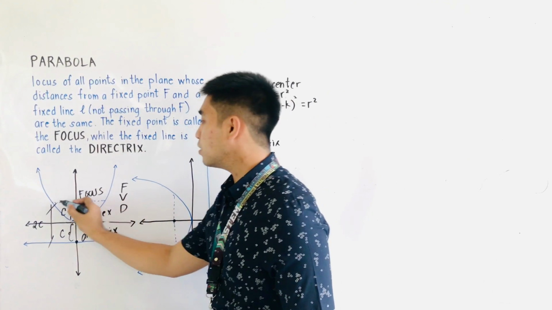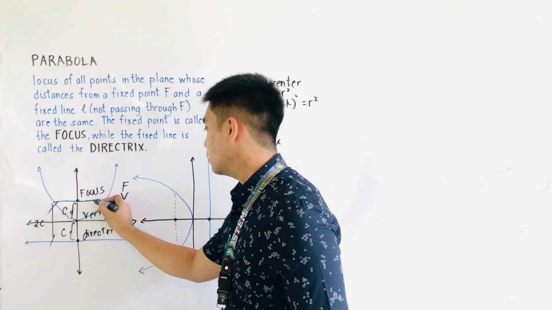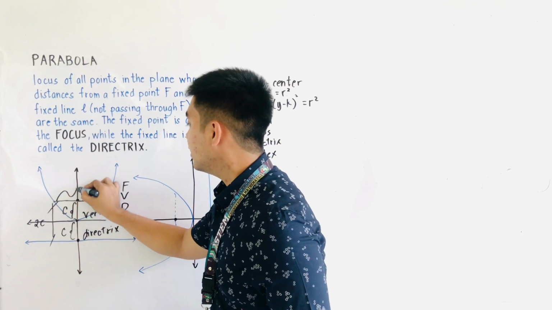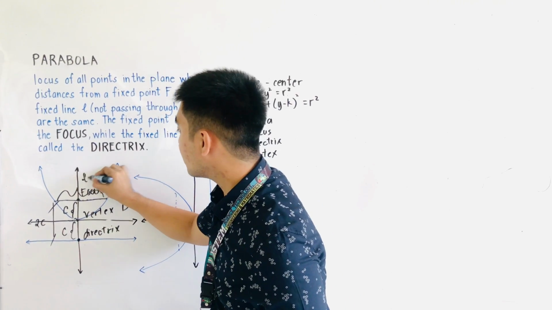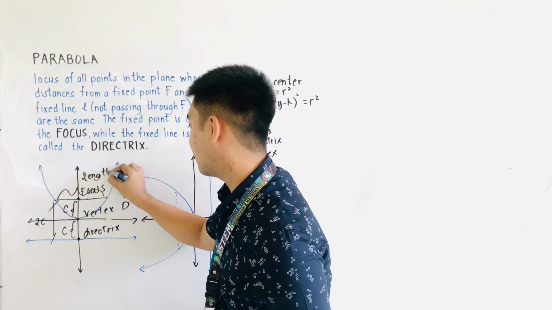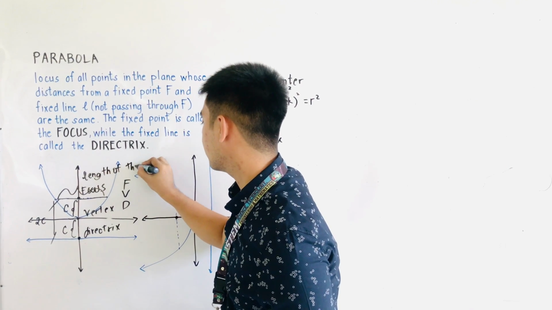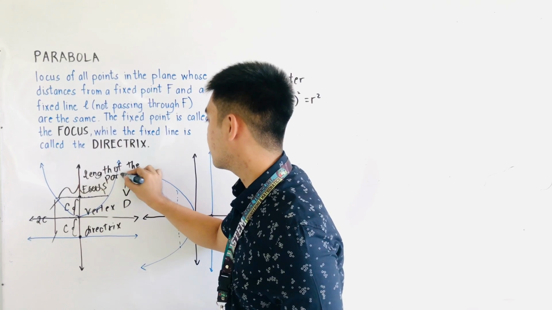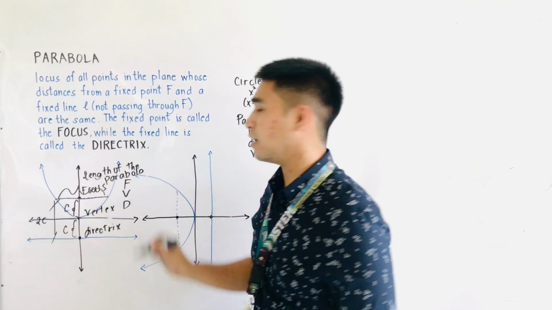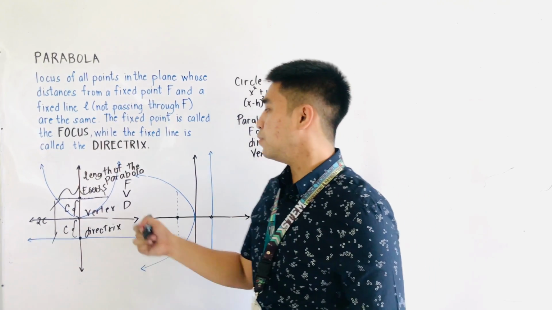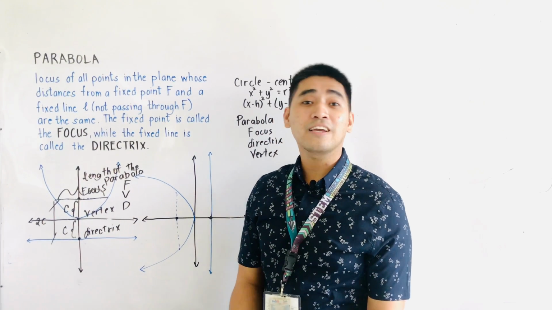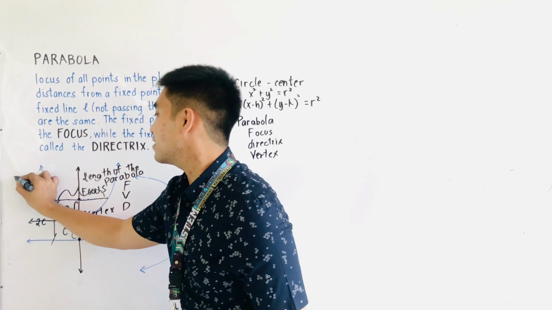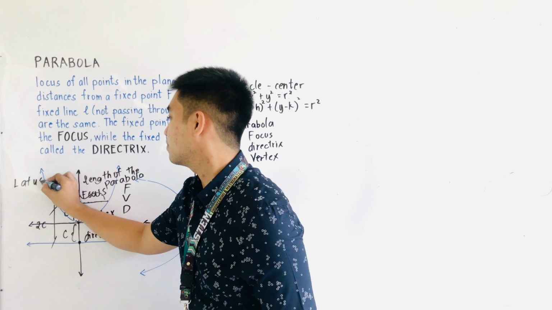Okay, so what do we call this one? This line is the length of a parabola. And what do we call the length of a parabola? When we are asked to define the length of a parabola, we call that the latus rectum.